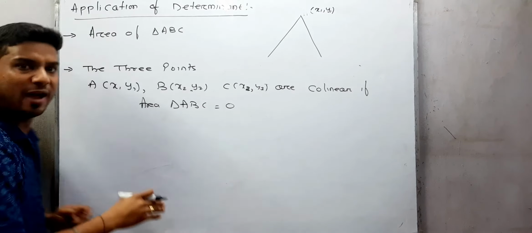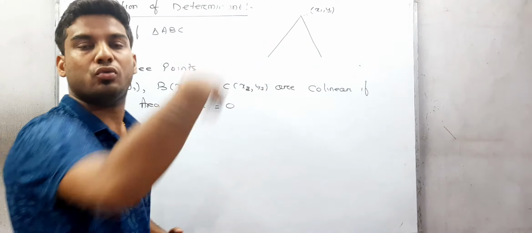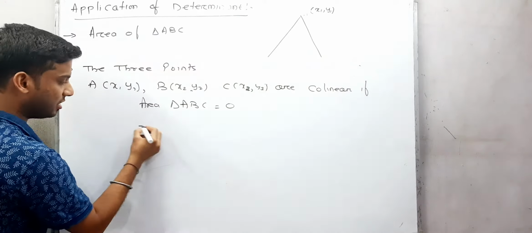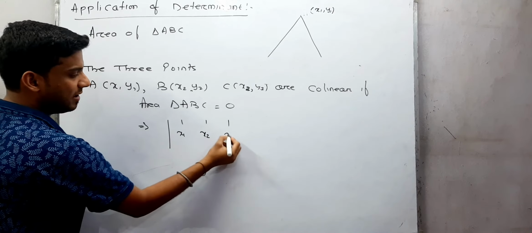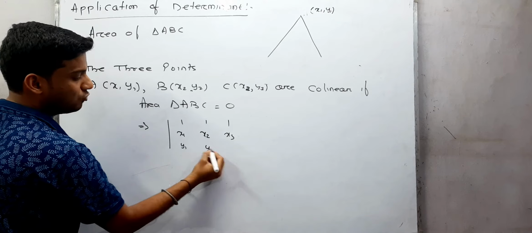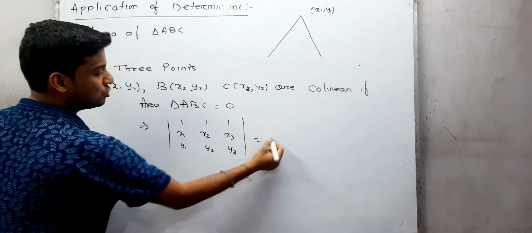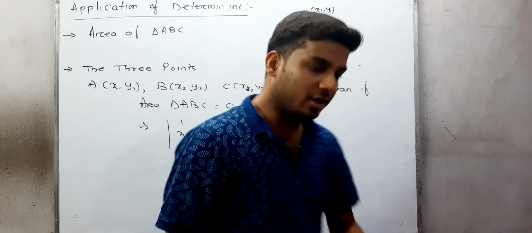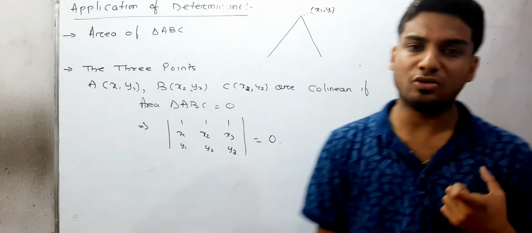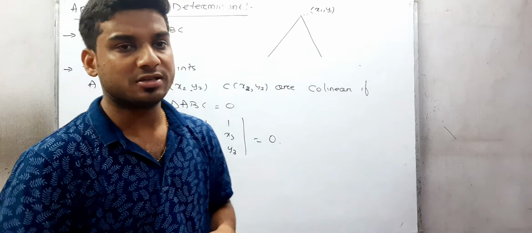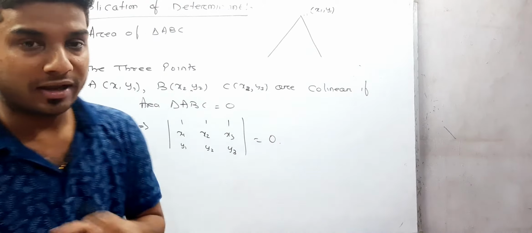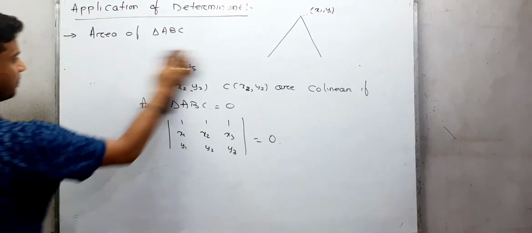That means half times the determinant is 0, and half goes to the right hand side. So we have the determinant of 1 1 1; x1 x2 x3; y1 y2 y3 is equal to 0. So here I got a result to check whether 3 points are collinear or not. Here we can get a 2 marks question in the examinations, so I am writing a question regarding this topic.